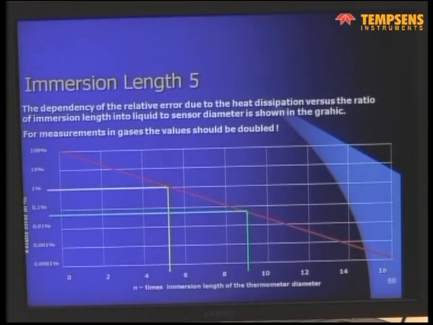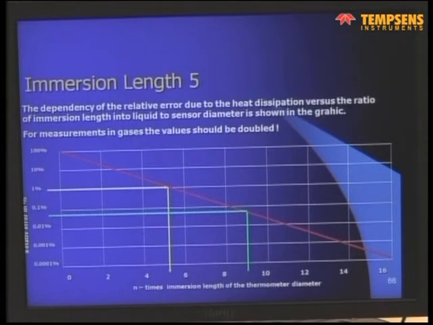When you can accept an error due to the transport of heat energy to the outside world of 1%, you can follow the yellow line to the red line, go down, and you find that somewhere around 5 times the outside diameter may be acceptable in this case.